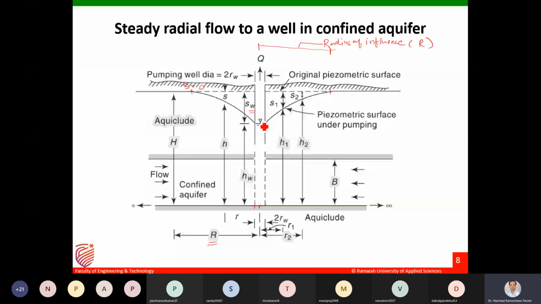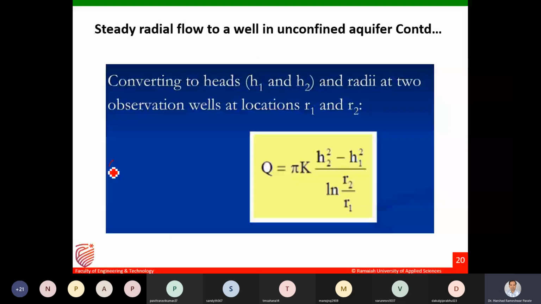If we apply Darcy's equation for unconfined aquifer, what equation we get is Q is equal to pi K (H2 square minus H1 square) divided by ln of R2 by R1.